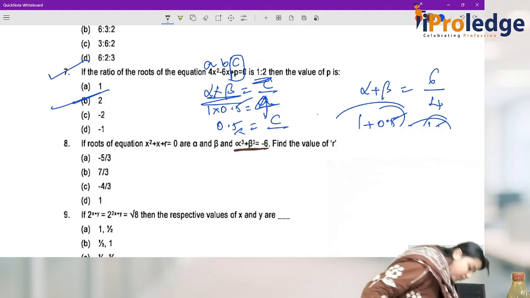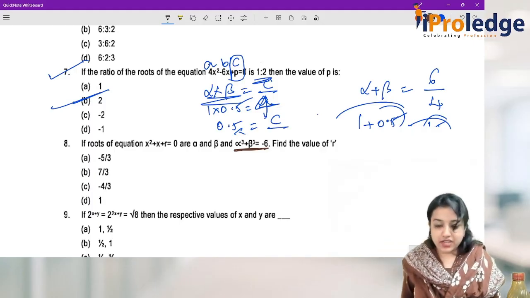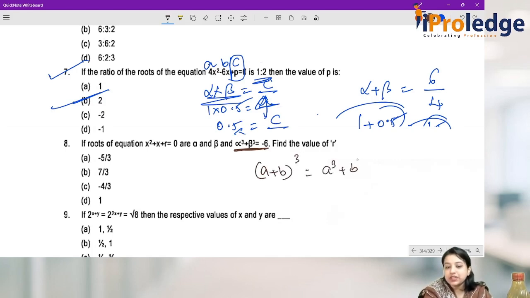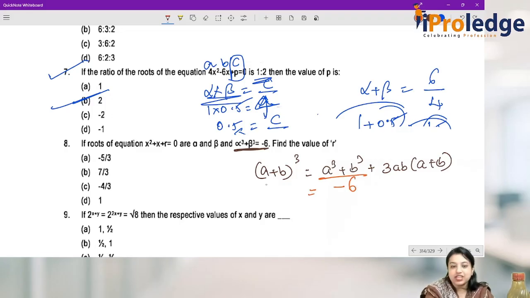Option A. Minus 5 divided by... how did you do it? A plus B whole cube. Just a minute. A cube plus B cube plus 3AB into A plus B. Correct? What is A cube plus B cube? Minus 6. Correct? What is A plus B?